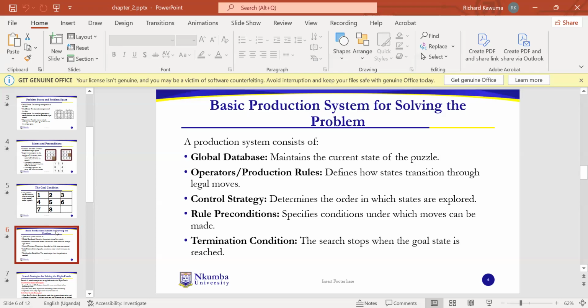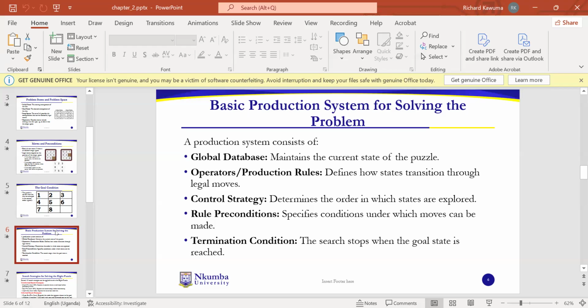But you can even put a condition and say, on condition that you don't get a retake. So you can move to the next semester after you have sat the exams, but on the condition that you don't get a retake. So rule preconditions specify conditions under which moves can be made.